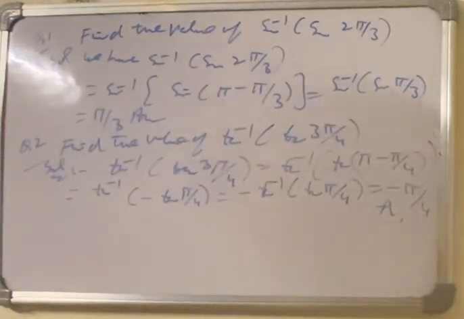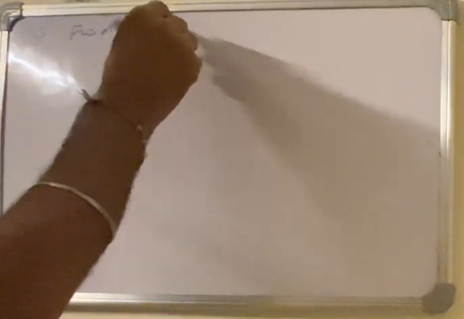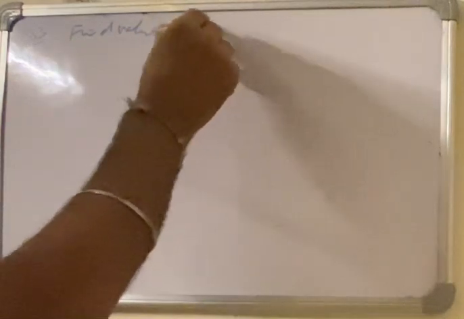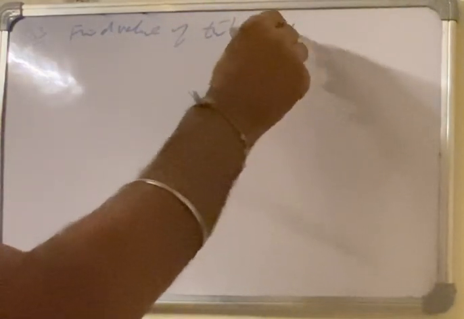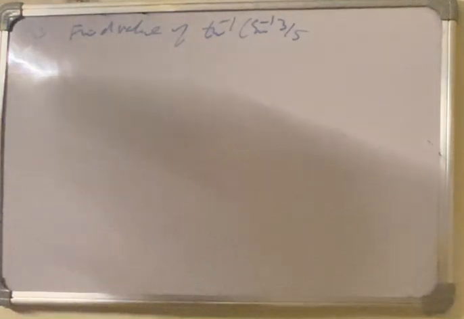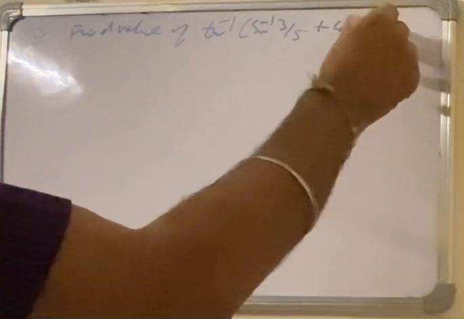Then third question, find the value of tan of sine inverse 3 over 5 plus cot inverse 3 over 2.